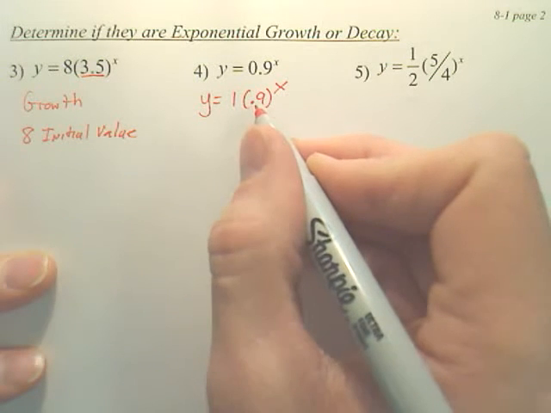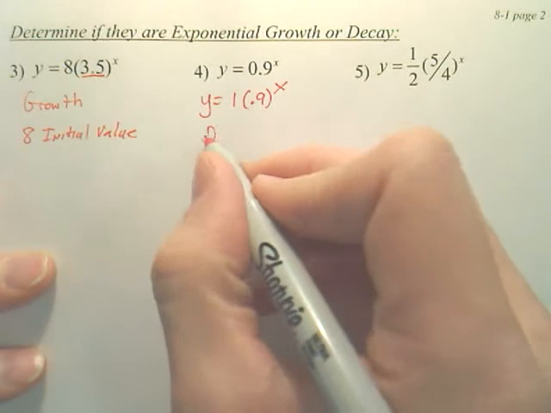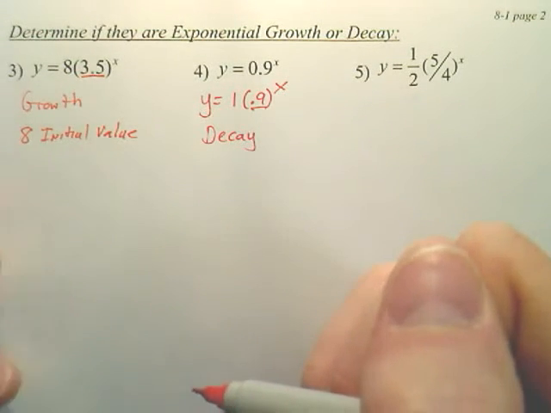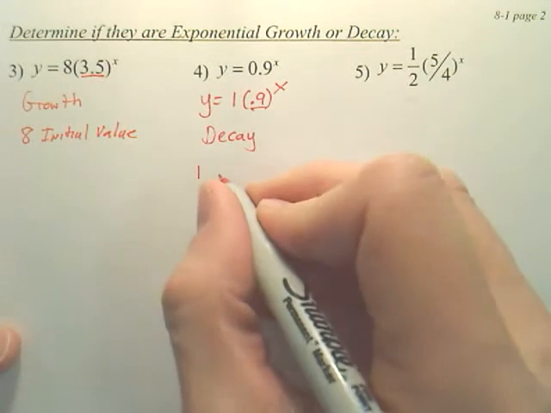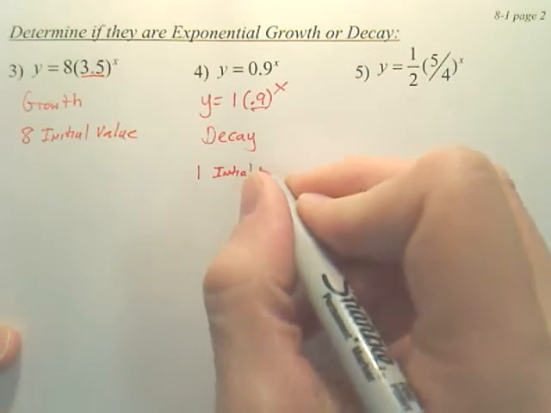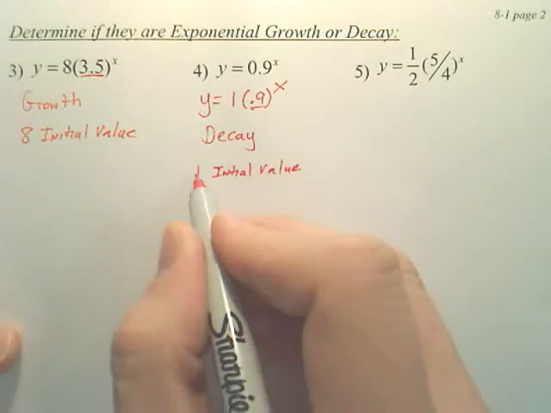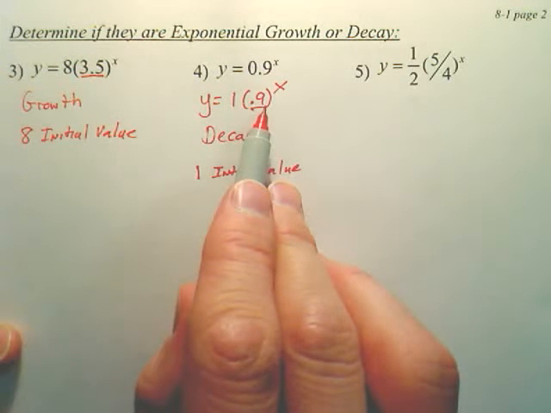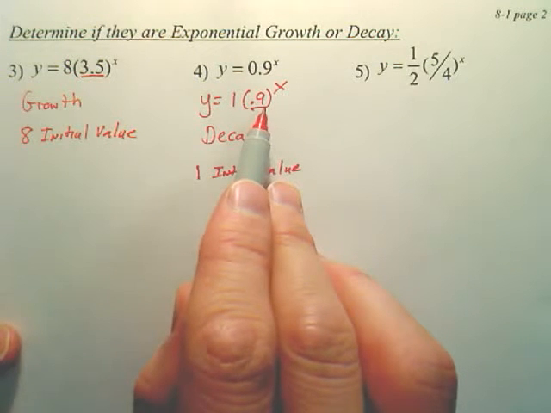It is less than 1. So this is a decay because that's less than 1. Now, 1 is your initial value, meaning this graph would start at 1 and be shrinking by 0.9 each time. You're multiplying it by 0.9 each time.